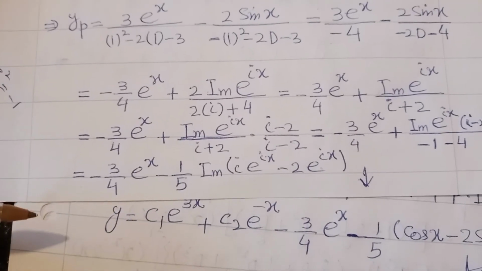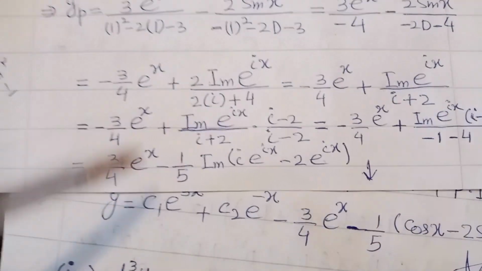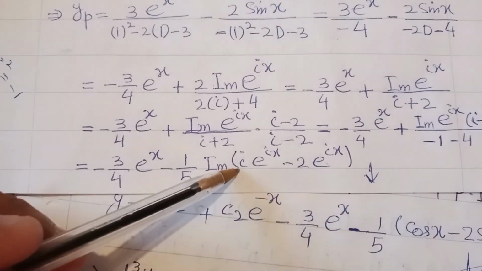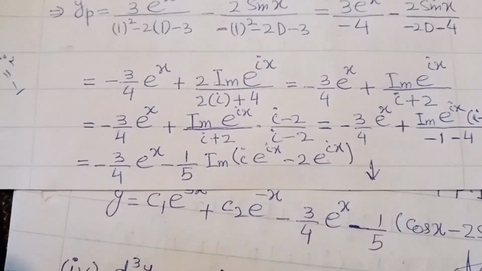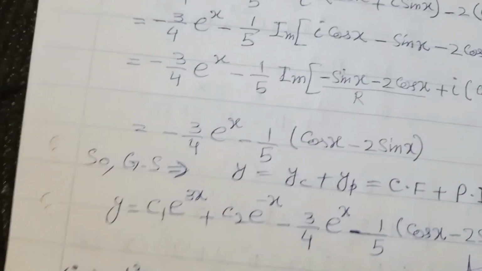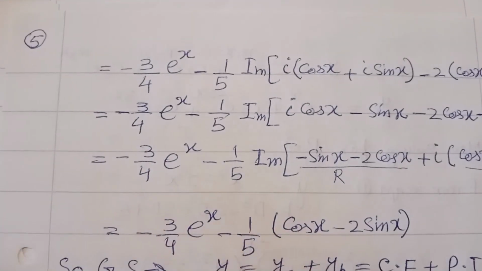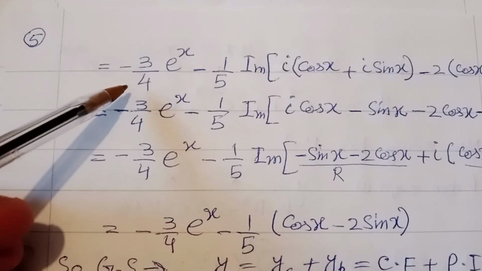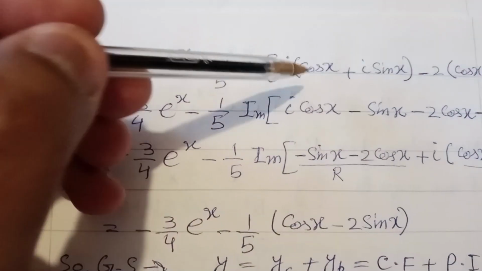And when iota x is multiplied by iota and 2, that will be iota exponential iota x minus 2 exponential iota x. And look, the first term is as it is, minus 1 upon 5 imaginary part of iota.